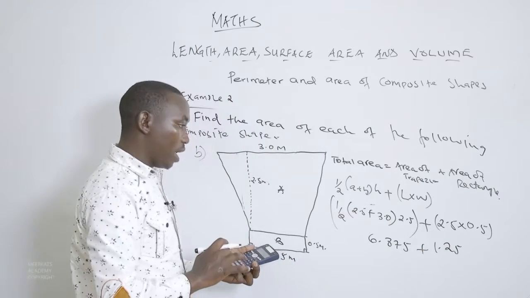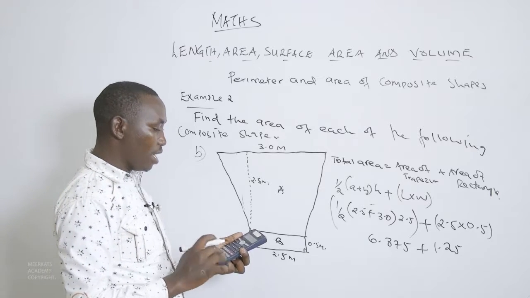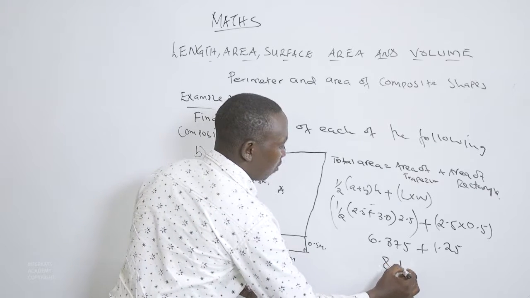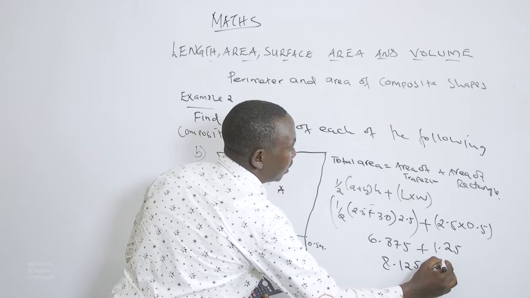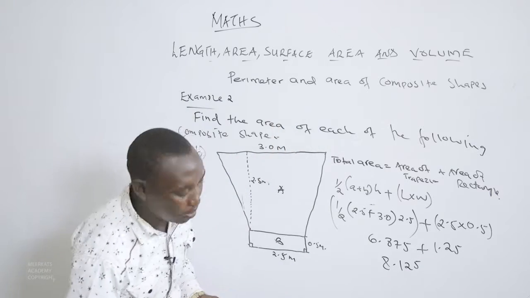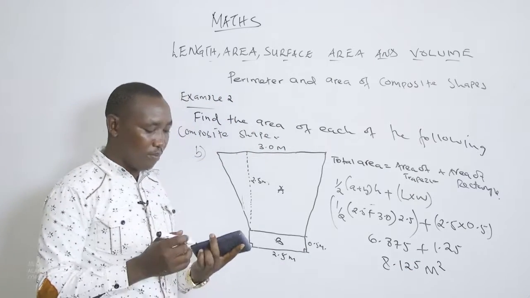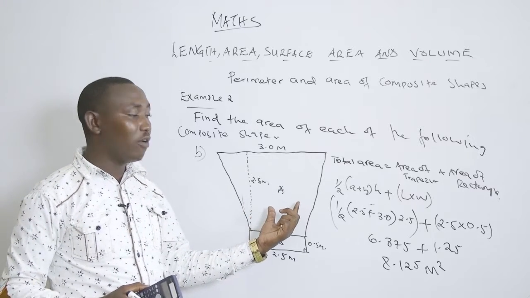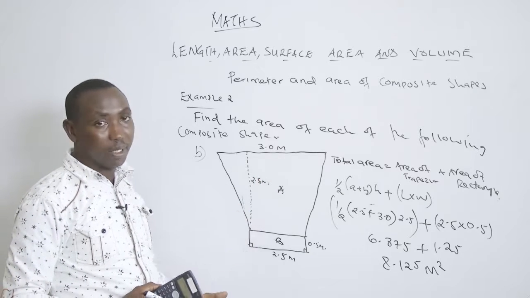1.25. So when that is added to 6.875, it will give us a total of 8.125 square meters, because the units were in meters, so that will be square meters. So for composite shapes, you look for the area of the first shape, which is known, and it is a trapezium.